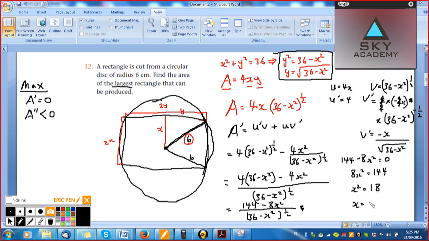X is equal to plus or minus root 18. Now, it can't be negative, right? So we're dealing with root 18. Got it?